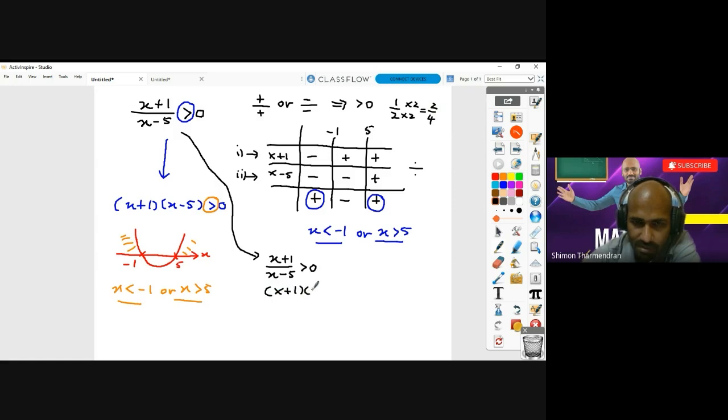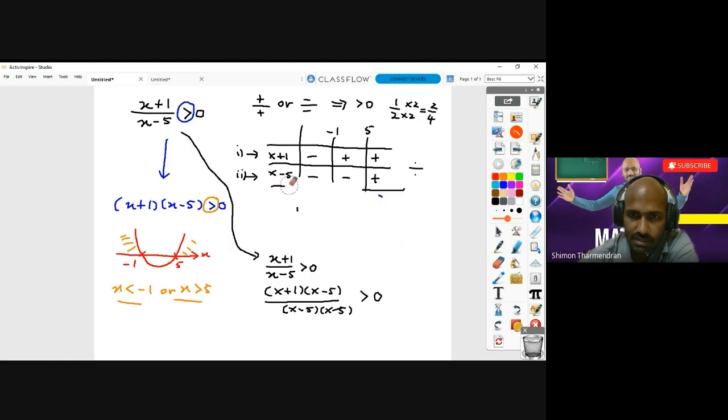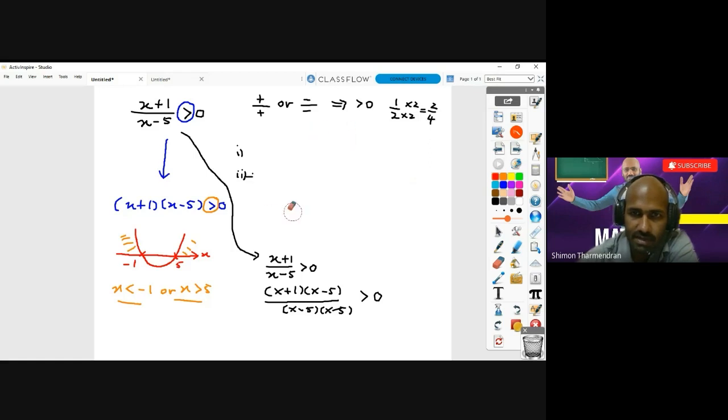So I get x plus 1, x minus 5, and at the bottom, I get x minus 5 into x minus 5 greater than 0. But what happened to the bottom over here is, x minus 5 and x minus 5, when I multiply, I get a square.